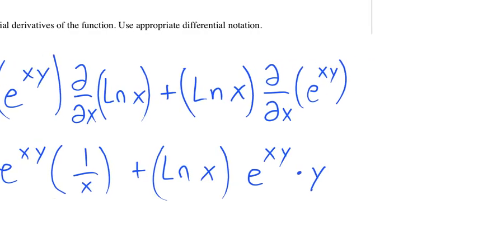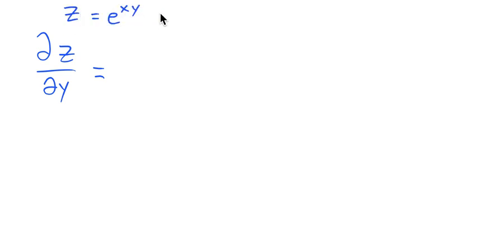Let's try it now with respect to y. Original function was z equals e to the xy ln x.